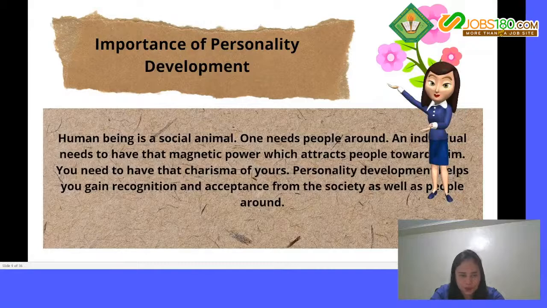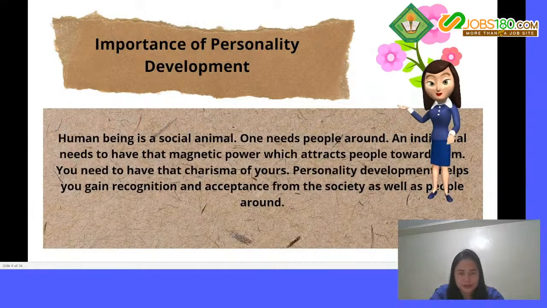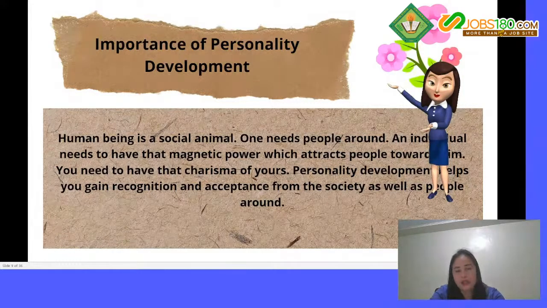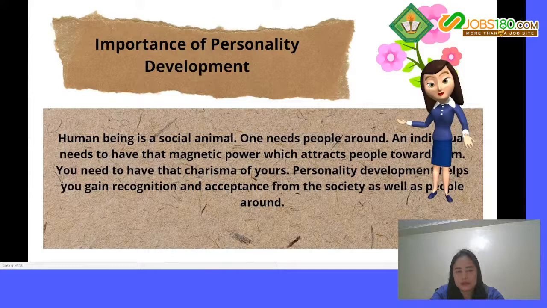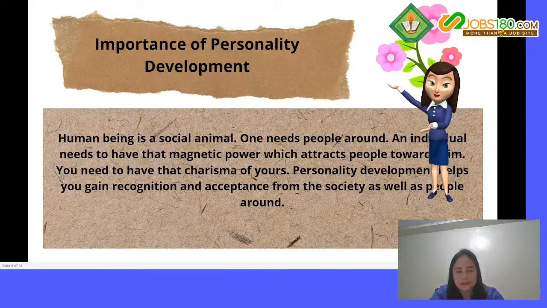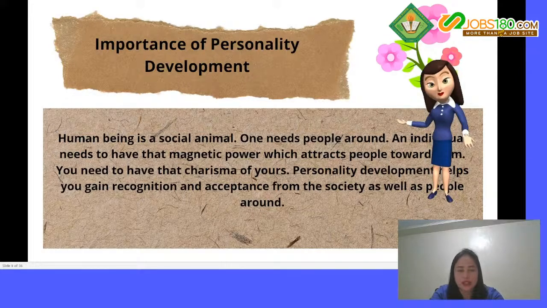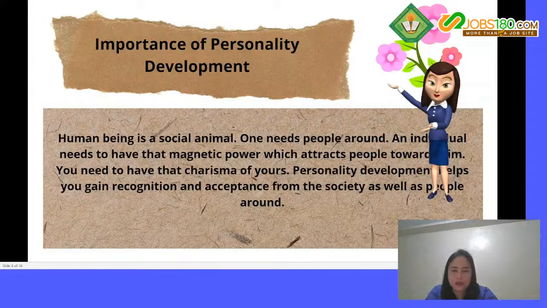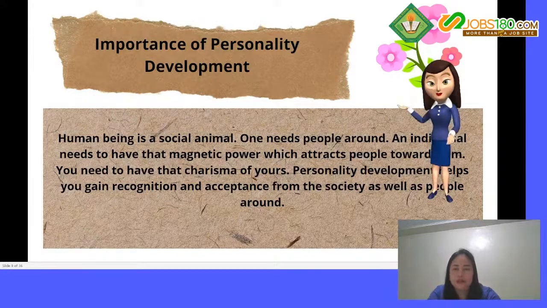Okay. Ano naman kadalasan ito attract people towards him. Charisma of yours. Kadalasan ano to, meron nito ang mga politicians, ang mga artista. Ayun, kailangan nila yon being one an individual para sa kanilang career. Okay.